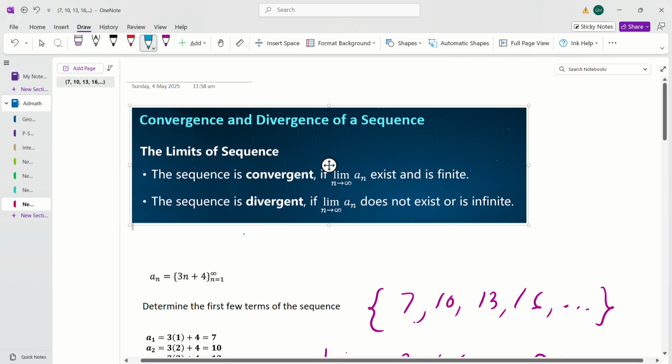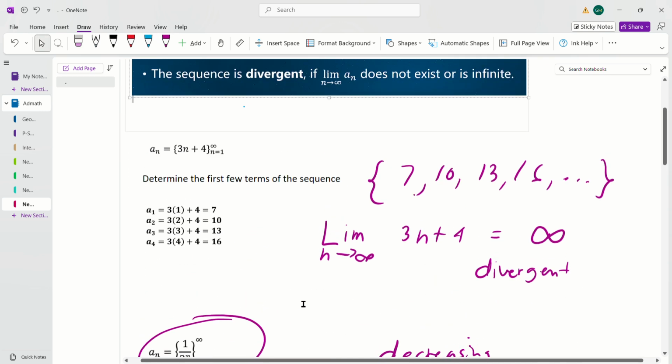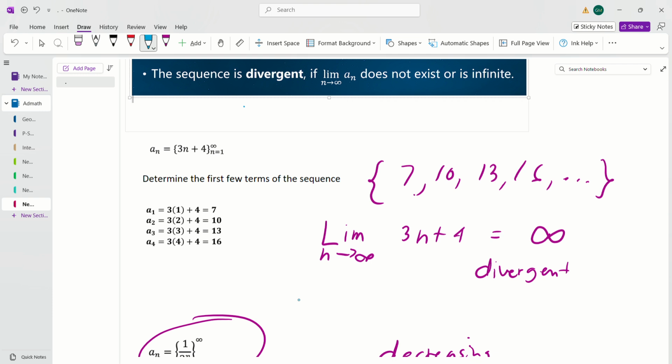Next, you can get the limit of a sequence by analyzing the first few terms of the sequence, the behavior of that sequence.